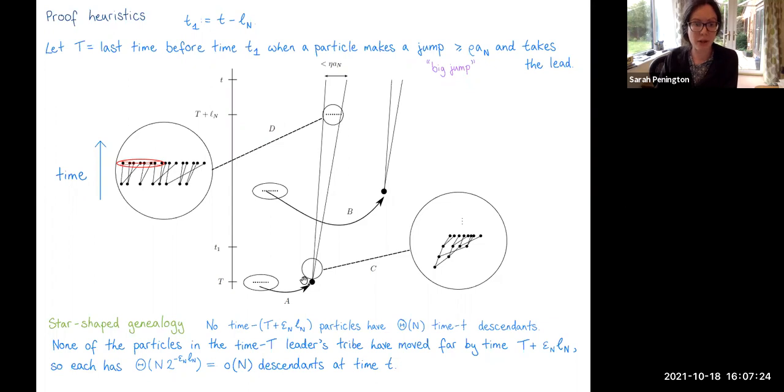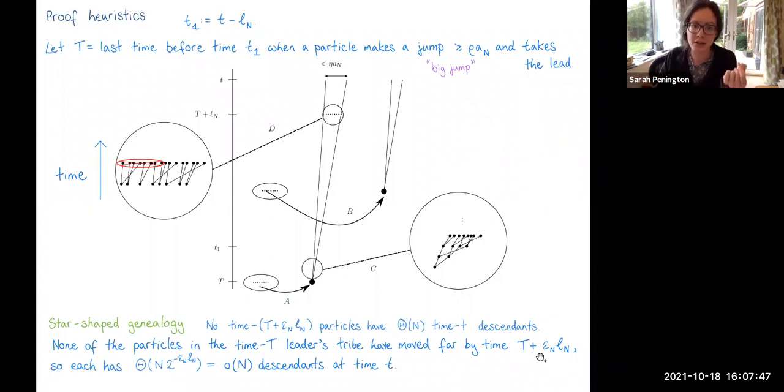It's not too hard to show that none of the particles in the time t leader's tribe has moved very far by this time t plus epsilon n ln, because it's just a tribe of particles started from a single particle, and it hasn't run for very long because we're taking epsilon n to be small.